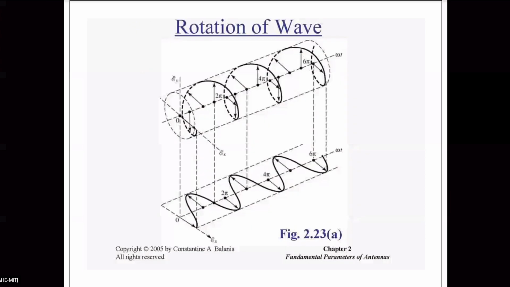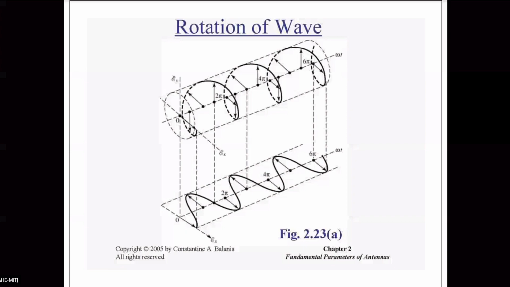If you keep Z constant, you can get a circular polarization or elliptical polarization. If you keep the distance factor constant, then with respect to time, the tip of the electric field will trace an ellipse or a circle, or it can be along a line.